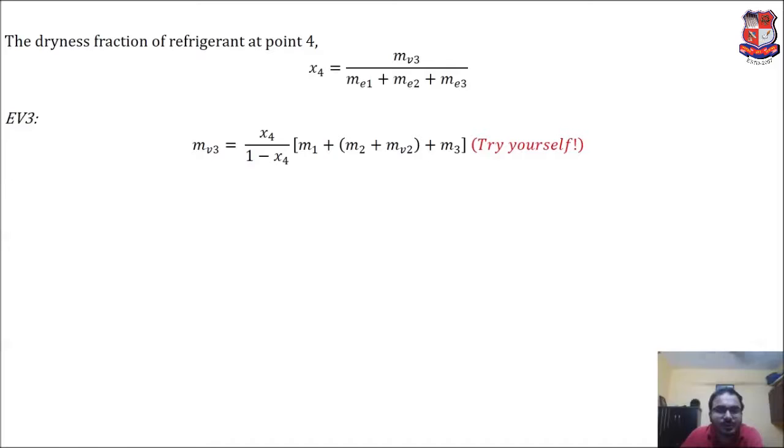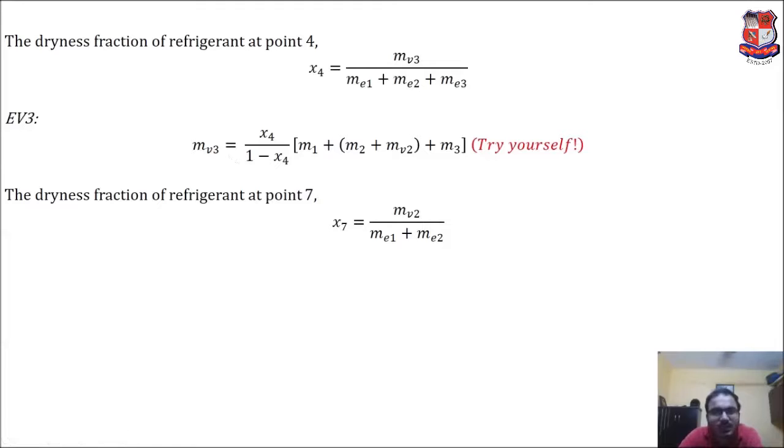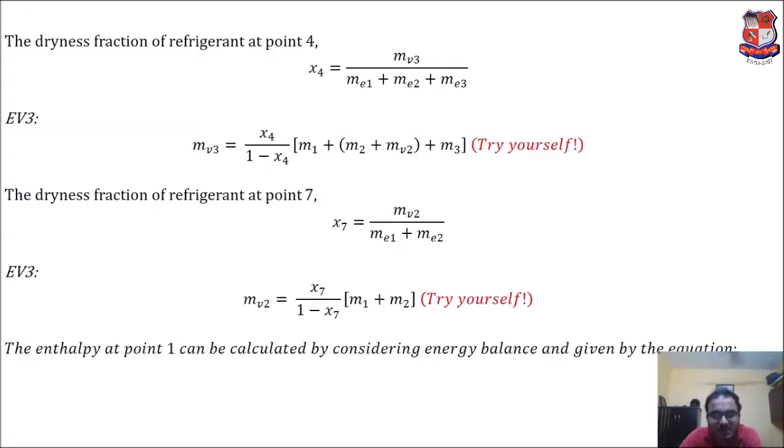And yes, you need to try this formula by yourself, that is the value of MV3. Similarly, we are having dryness fraction of refrigerant at point 7, and you also need to try this formula by yourself. It is nothing but a mass balance.